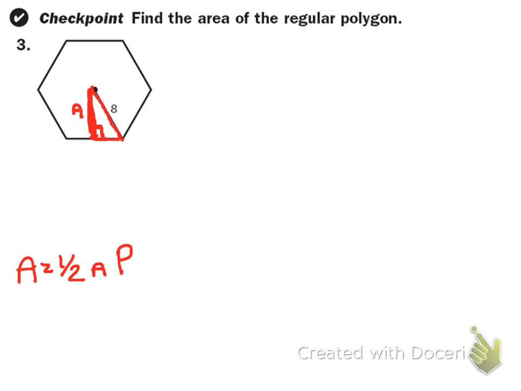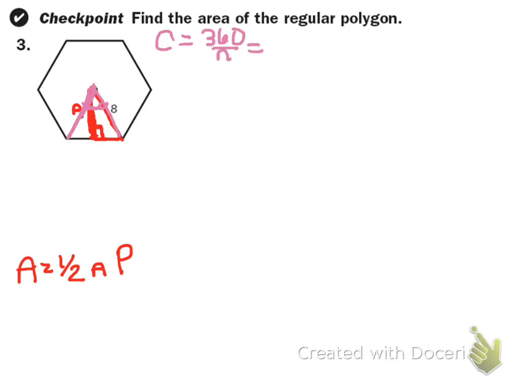Remember from our terms that a central angle is an angle formed by two radii. So if we put two radii together, we have a central angle. Remember, to find a central angle, you need 360 divided by the number of sides.